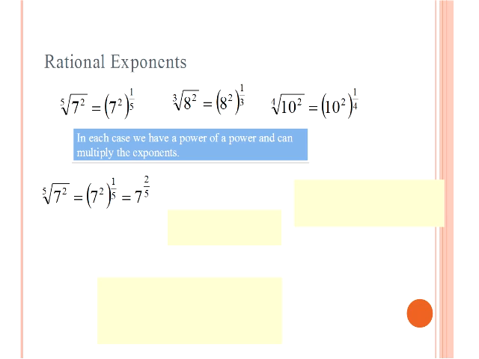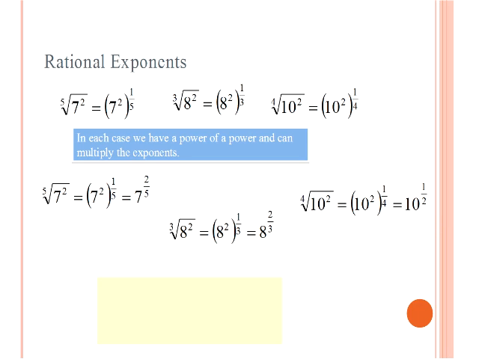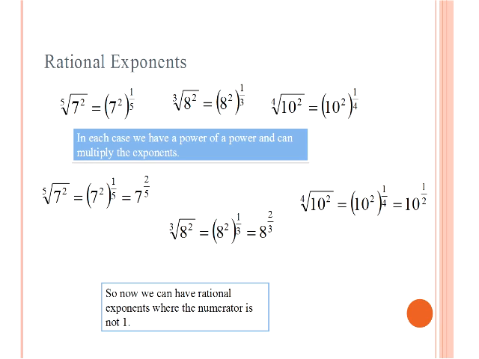And 8 squared to the 1/3, I can write as 8 to the 2/3. And 10 to the 2 to the 1/4 simplifies to 10 to the 1/2. And so what we see here is now we have rational exponents where the numerator isn't necessarily a 1. It can be, but it's not necessarily a 1.